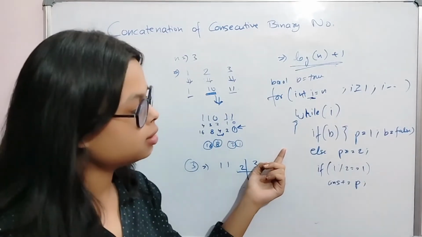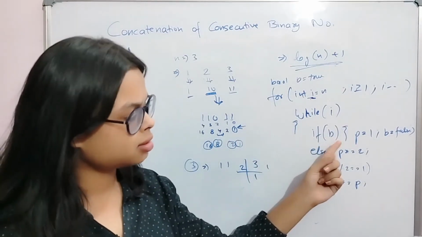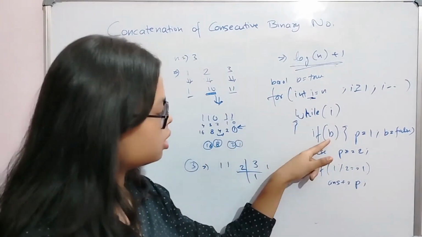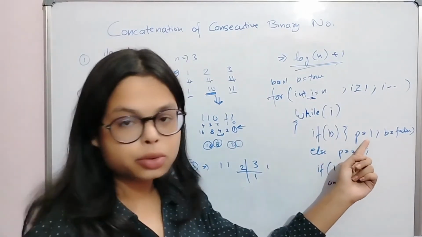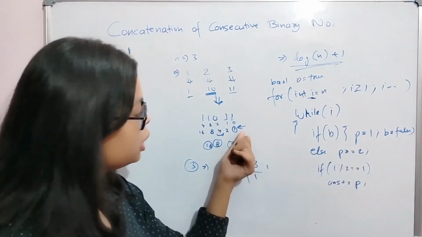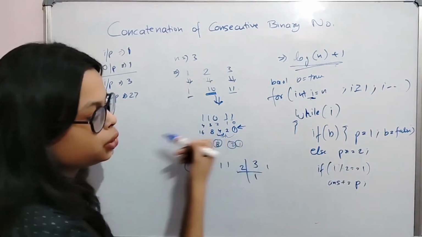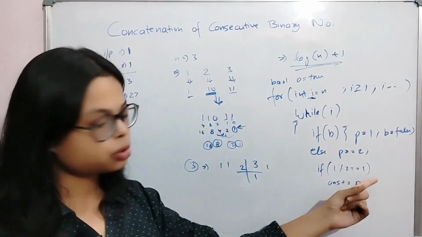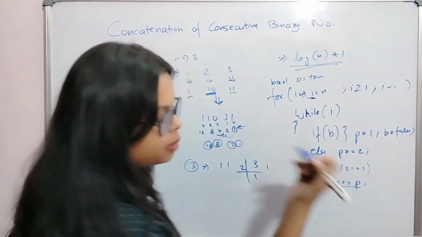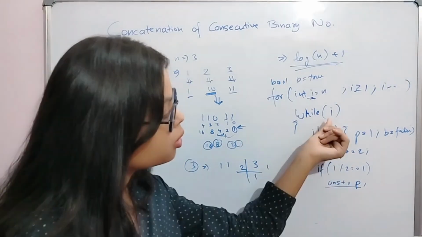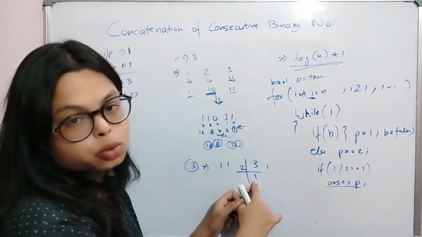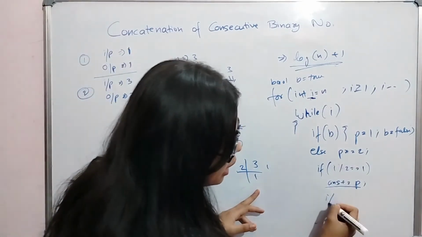For the initial case we will have 1, so I set p equals 1. Otherwise, every time I will multiply p by 2. And also if i mod 2 equals 1, then I'll add that p to my answer. Now I also have to divide i by 2, so I'll do i divided-equals 2.